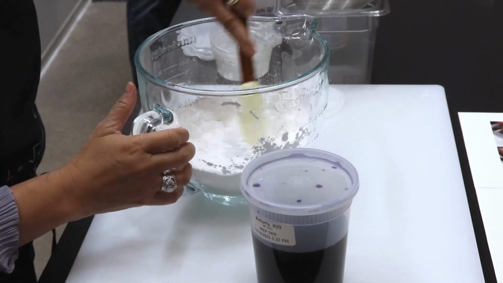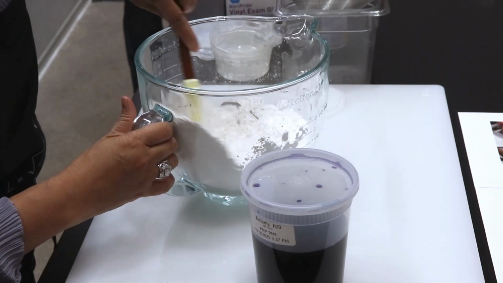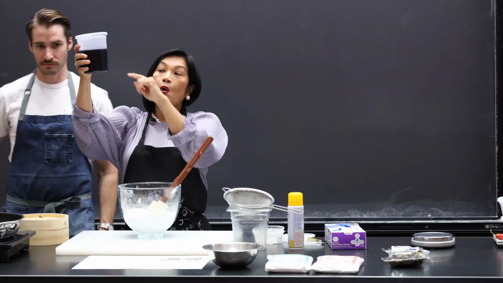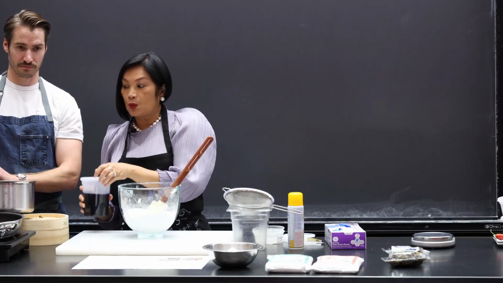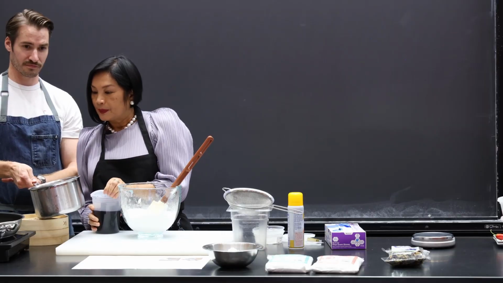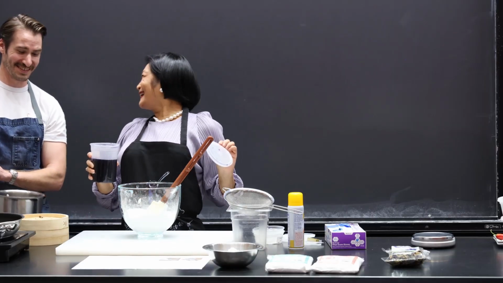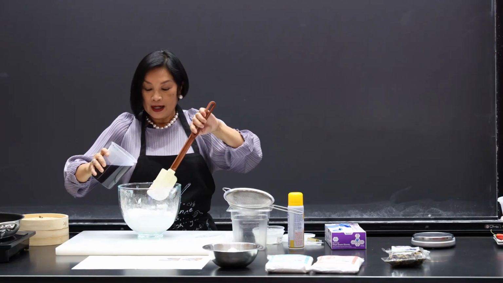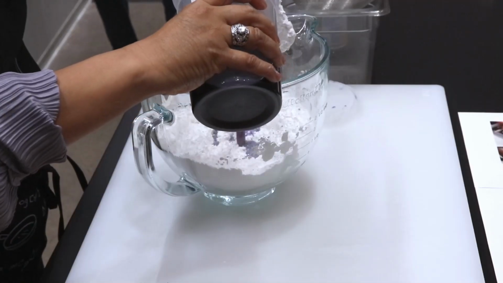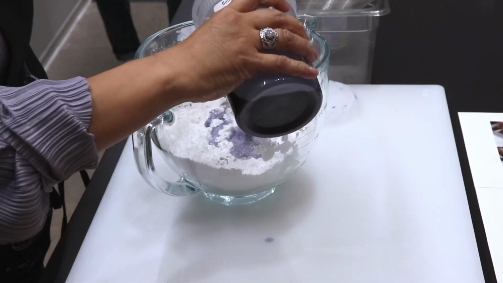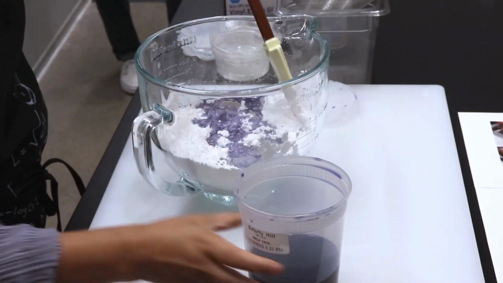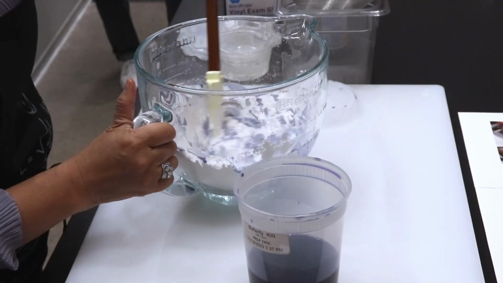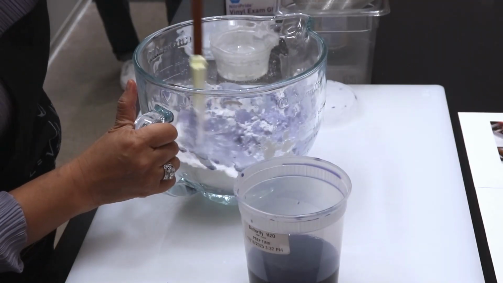We just mix everything together until they all combine. And I am going to add only half of this water in here. Now you can see how this is boiling, and we're going to steam it. I'm going to add only half of this in the bowl, in this fancy, beautiful bowl, and just mix them together.